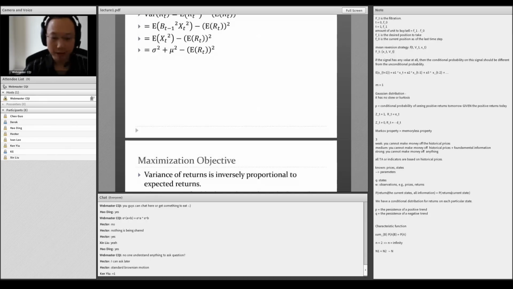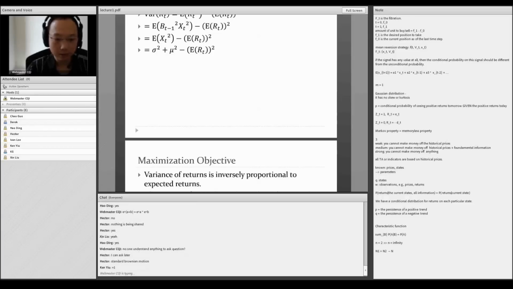Is that what? The bigger risk that you take, the bigger profit you are expected to make. So this is the risk reward theory or hypothesis in most of the financial theory and definitely in academia.